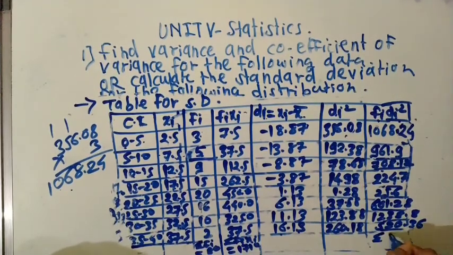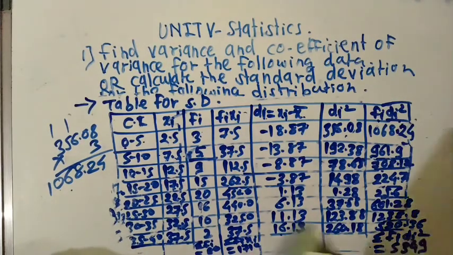Then find out all this summation: summation of fi di square is equal to 5,349.